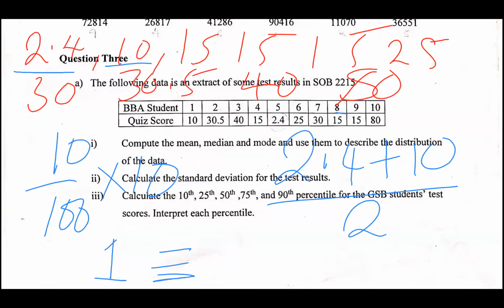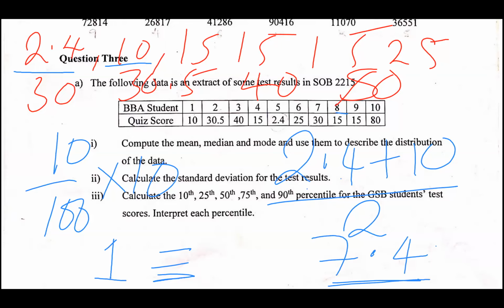So what is the percentile? 2.4 plus 10 divided by 2 is 7.4. So 7.4 is the 10th percentile.